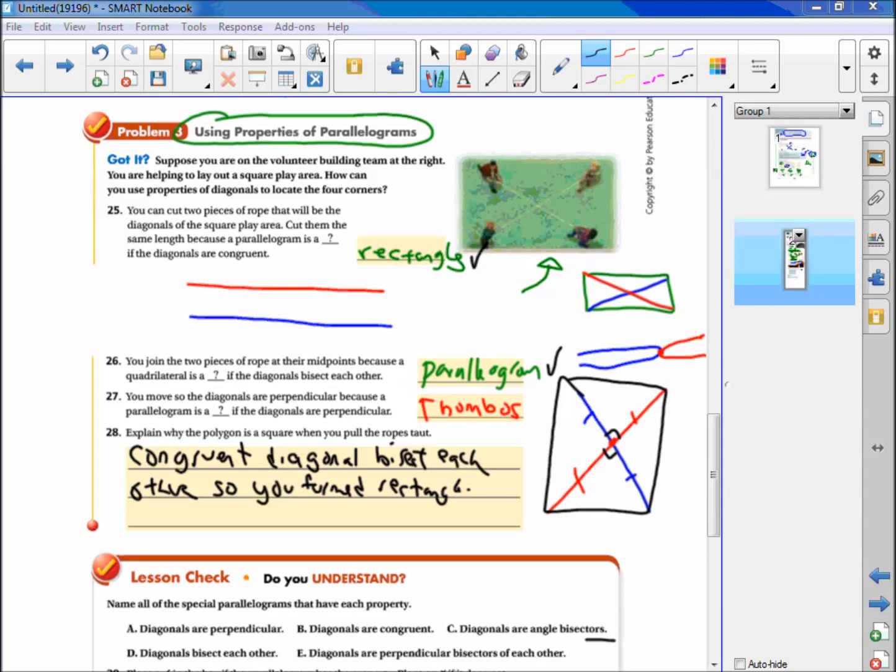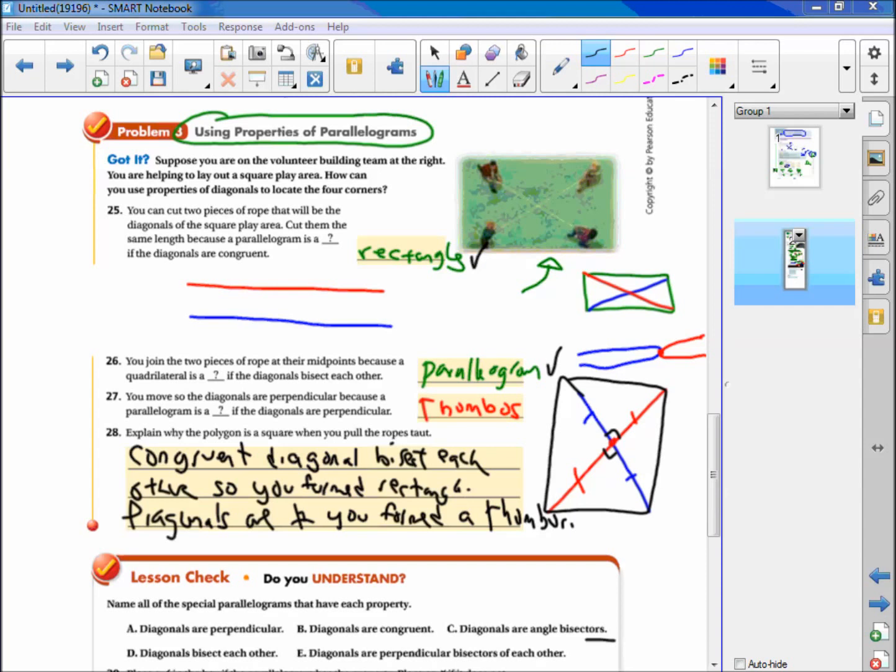And since the diagonals are perpendicular, you formed a rhombus. That's the rule for rhombuses: the diagonals have to be perpendicular.